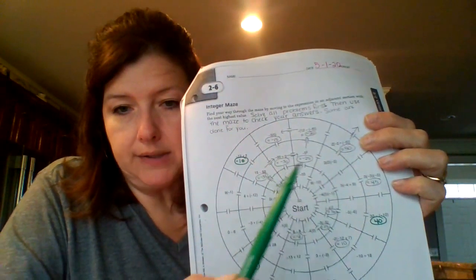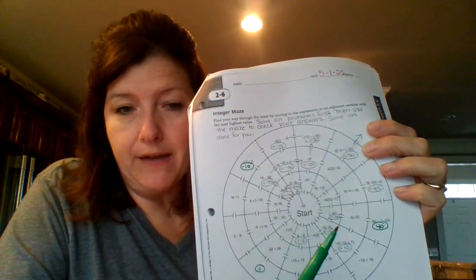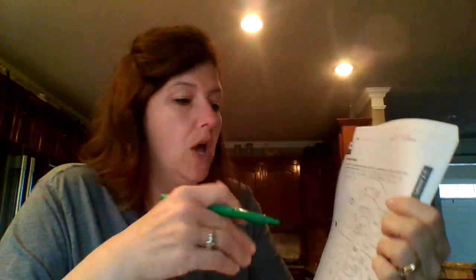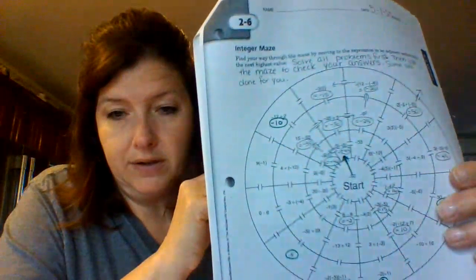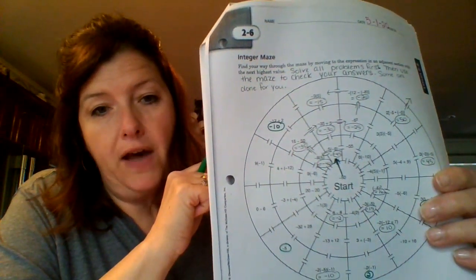You look around those boxes and you see which answer would have the next highest value. You haven't got all those solved yet, but I'm going to tell you it's negative 45. You can see there's a green arrow that goes to negative 45. Then from negative 45, the next highest value is negative 40.